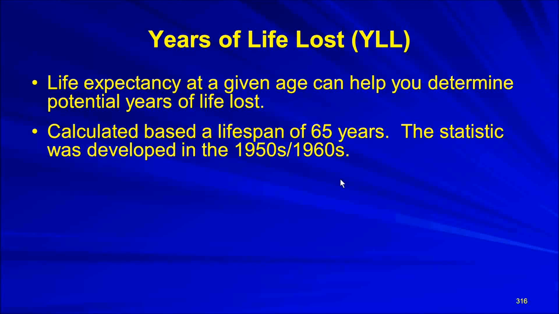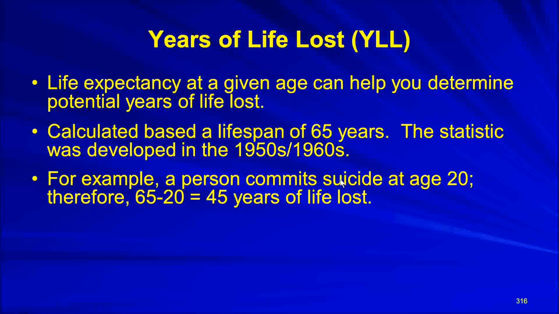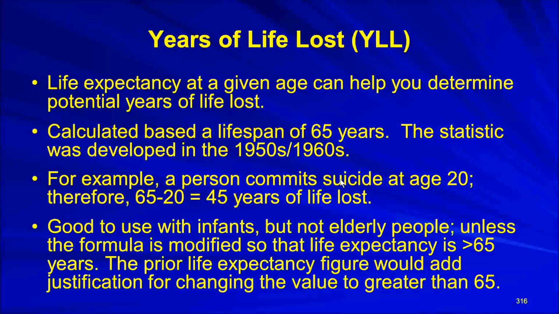So if you have a person who dies at 20, what they would do is simply subtract 65 from 20, and the years of life lost would be 45. You can see that it was a statistic that was excellent to use with infants, but not with elderly people. We have people that live beyond 65, and let's say they die at 70, well, this formula wouldn't apply. So what they've done is they've made adjustments in the formula to compensate for the population that they're working with. So that is done and seen.